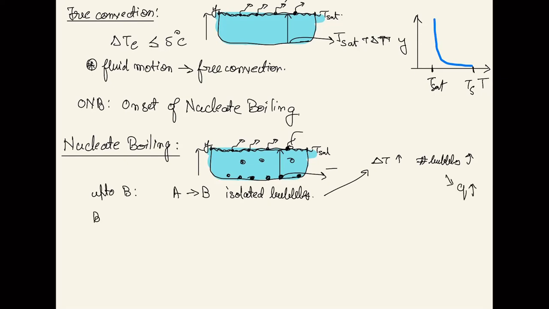But from B onwards to C, okay, अब देखो Q का एक्सप्रेशन क्या था, Q is equal to H times delta T, okay, from B to C हो क्या रहा है, now we are not getting good enough H, क्योंकि इसको उतने ज्यादा पार्टिकल्स नहीं मिल रहे एनर्जी देने को, so H is decreasing, but since delta T is increasing, net Q is increasing. ये एक लिमिट तक चलते रहेगा, H घट रहा है बट डेल्टा T बढ़ रहा है, इसलिए आपका Q नेट तरीके से बढ़ रहा है, राइट?